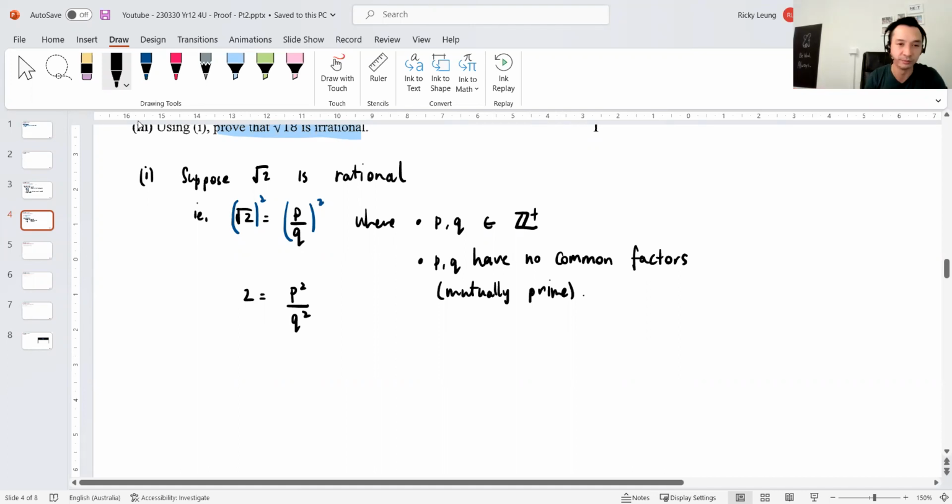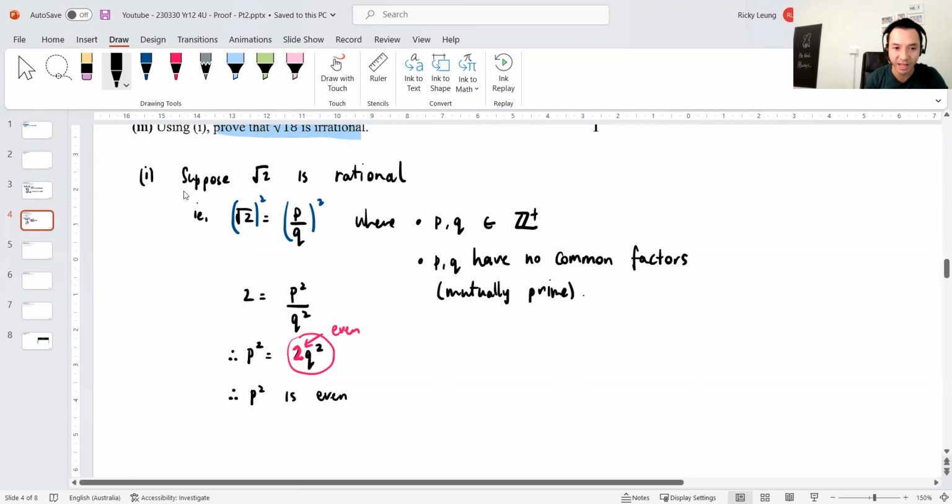So, if I times the Q squared up here, therefore P squared equals 2Q squared. The moment you realize that it's 2 times anything, it's even, so P squared is even.